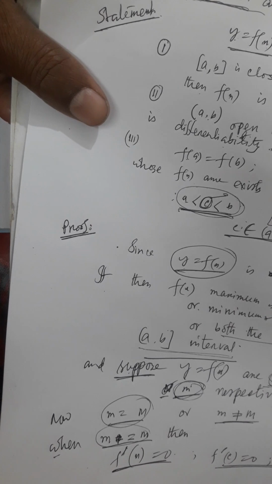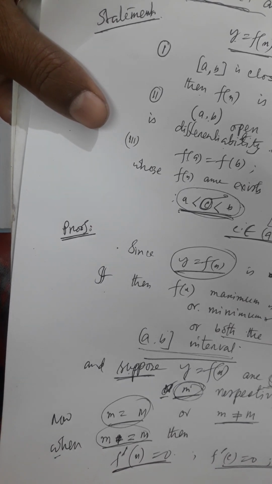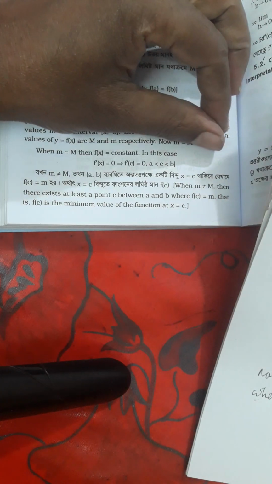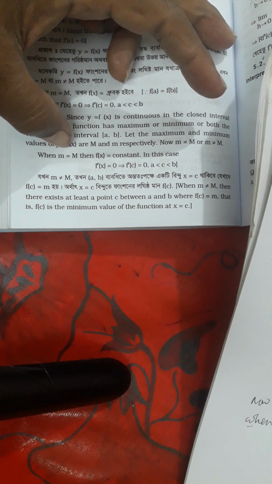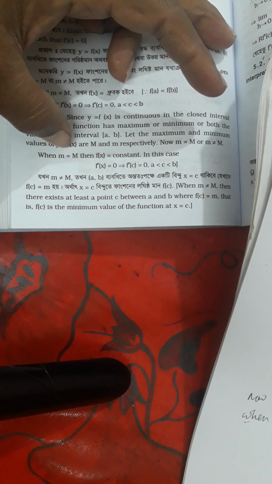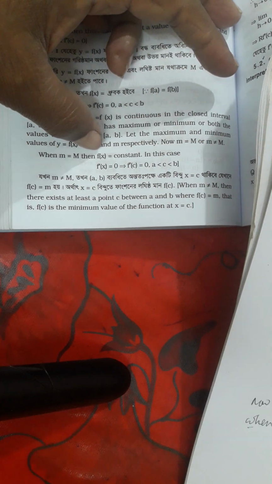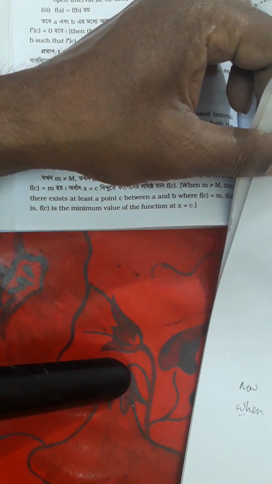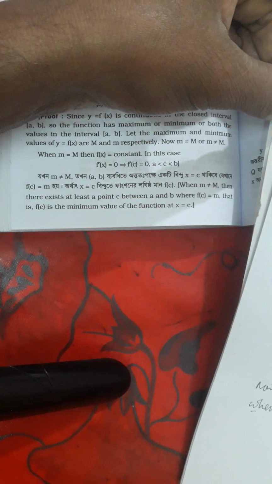Here x takes any values, and c lies between a and b. Actually, if M equals m, then f prime x equals 0, memorize this. Then f of x equals a constant.